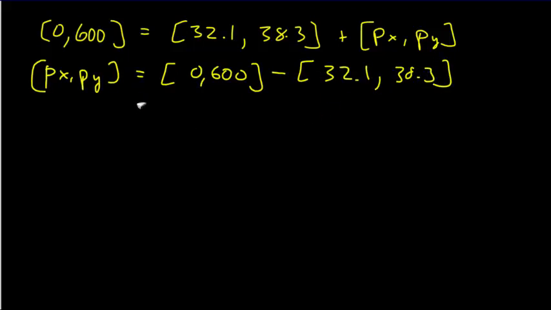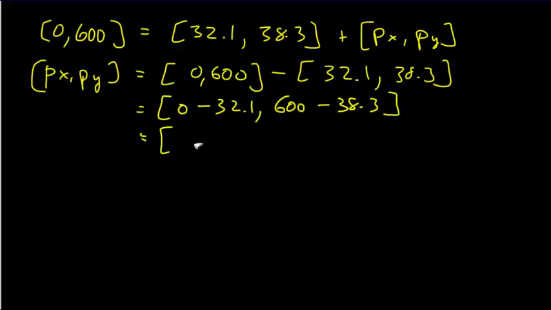And of course, in Cartesian components, all we do is add or subtract the components. So we're going to get 0 minus 32.1 and 600 minus 38.3 to give us our plane vector in Cartesian components to be negative 32.1 and approximately 570 for py.